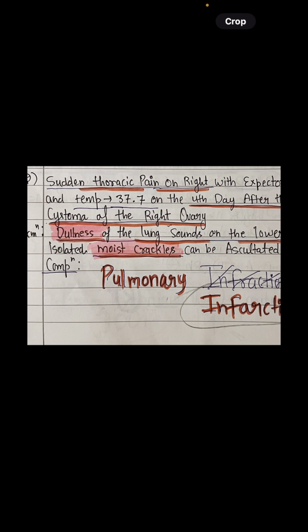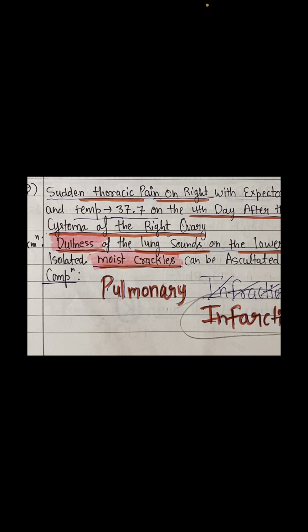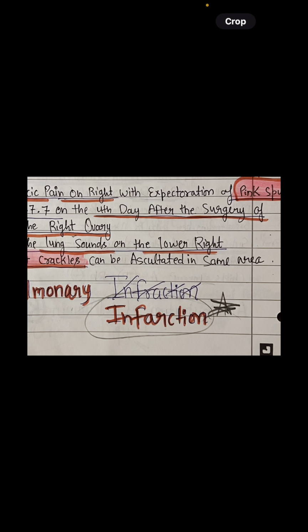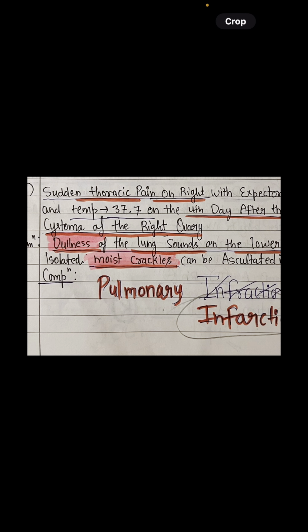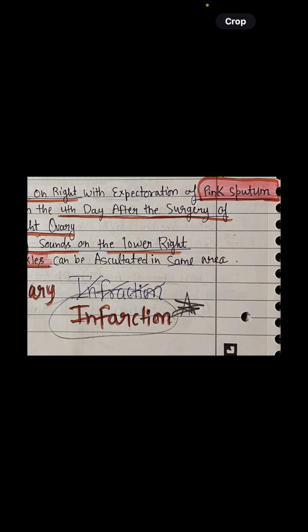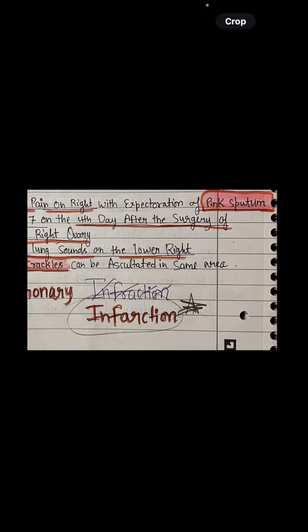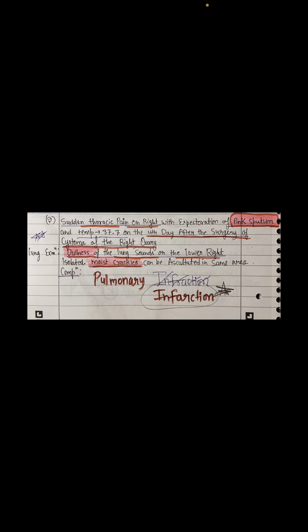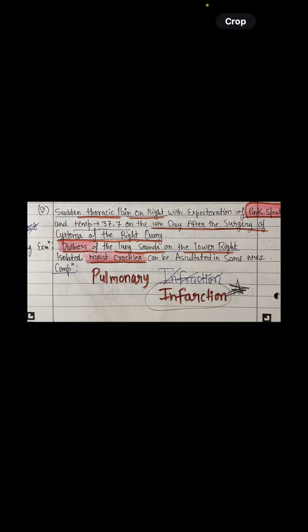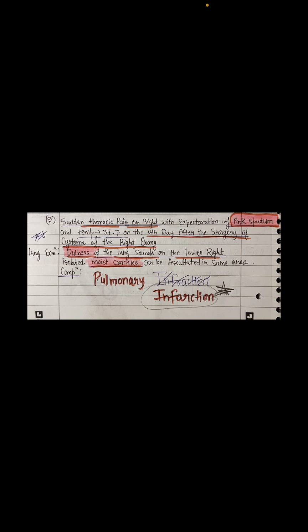The patient shows the profile of pulmonary embolism itself, but there are some things to remember. There is sudden thoracic pain on the right with expectoration of pink sputum. Pink sputum: you can remember that the answer will be pulmonary infarction, but the profile is the same as pulmonary embolism.